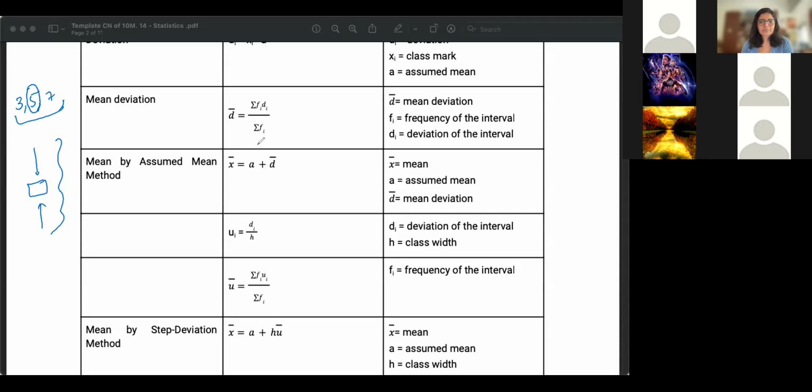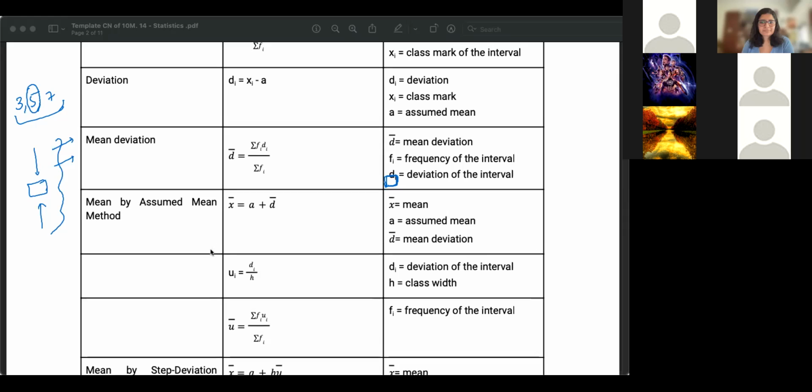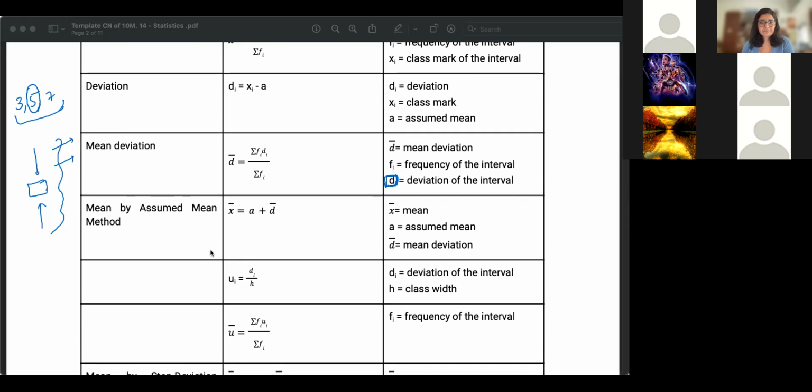So you will assume a particular mean A, and then you'll calculate how much each of the frequencies deviates from the assumed mean. So that's where your deviation comes into the picture.